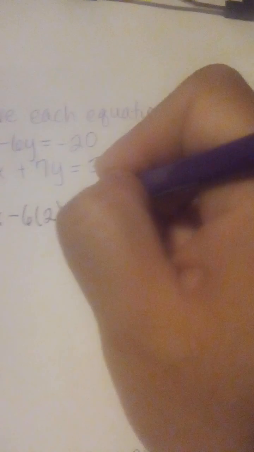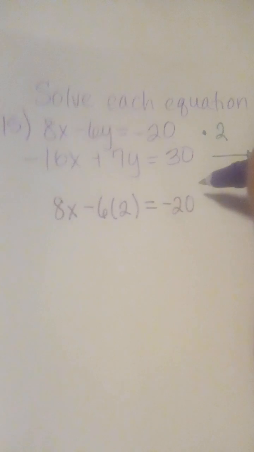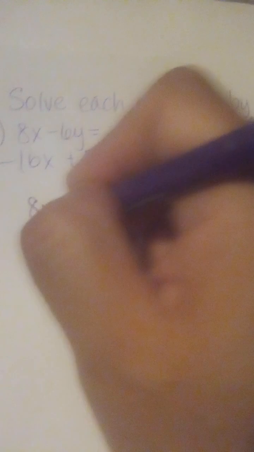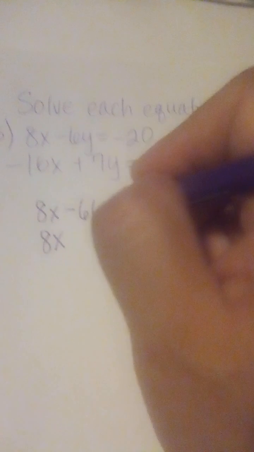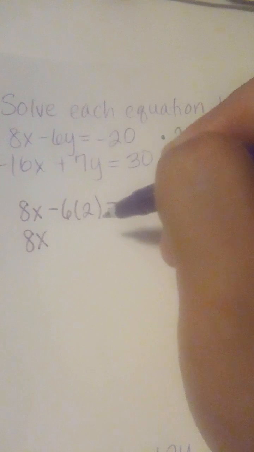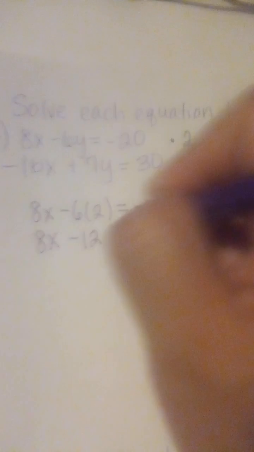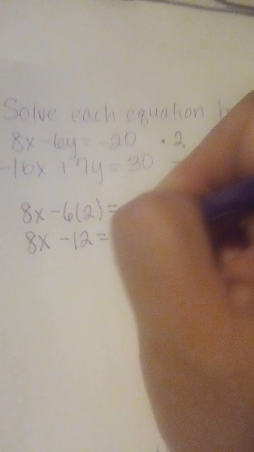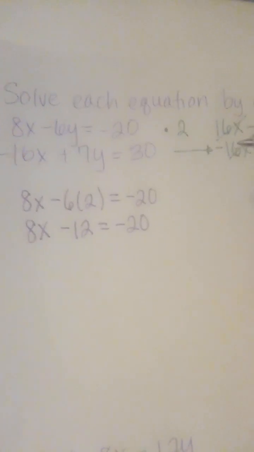I'm going to bring this down: 8x. We substitute the positive 2 for the y. And then negative 20. Then we're going to do the basic math. Bring down the 8x. Multiply these two. Negative 6 times 2 gives a negative 12. And then negative 20.